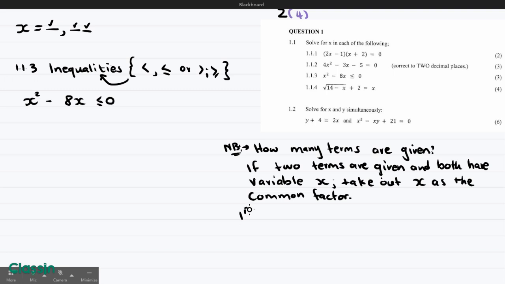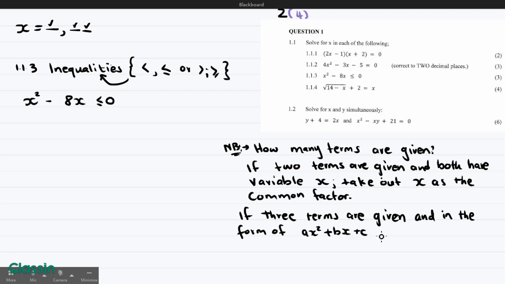Now again, if three terms are given, and in the form of ax squared plus bx plus c, we need to factorize using quadratic formula or brackets.